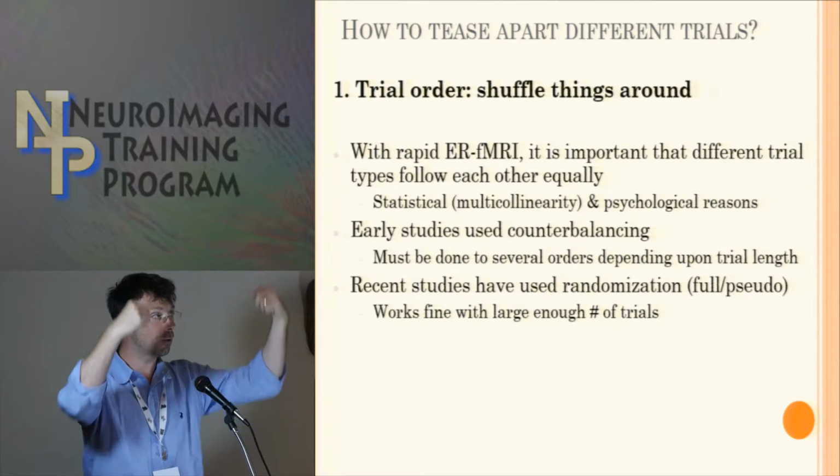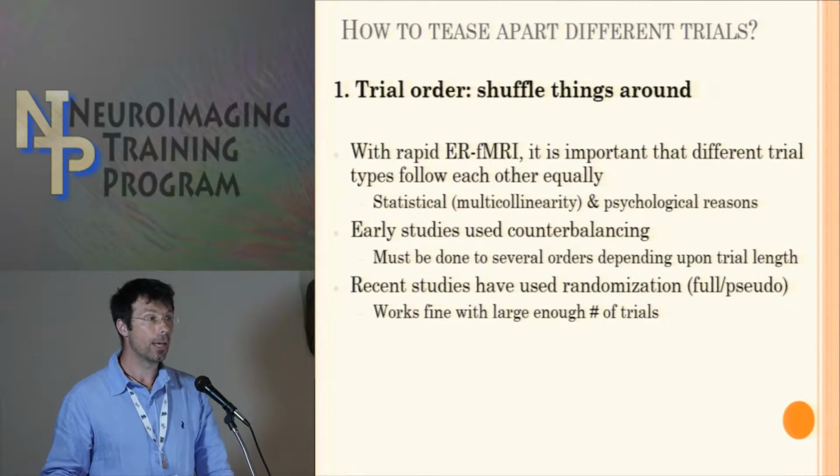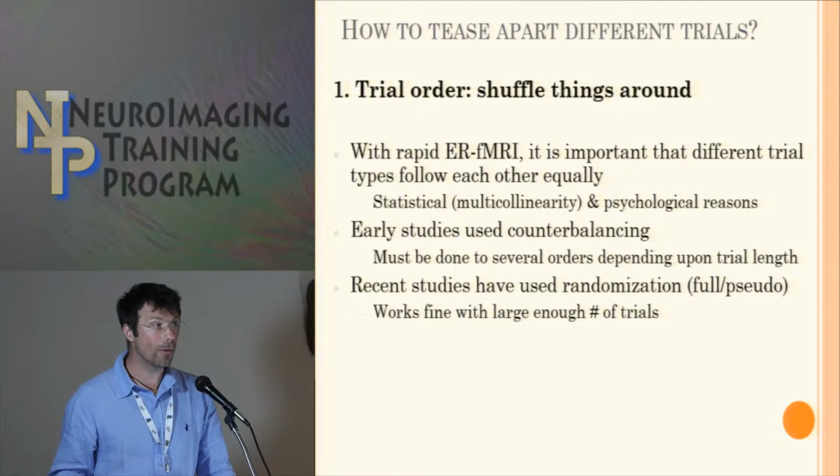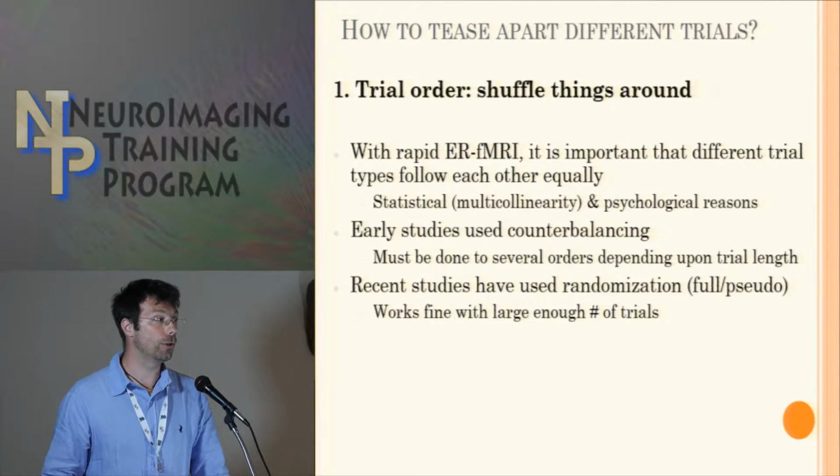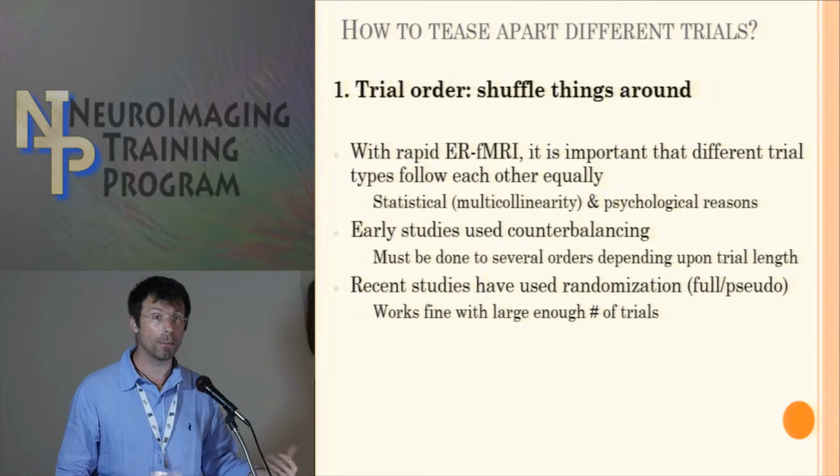My suggestion would be to create multiple pseudo randomizations. For example, you might want to create 4 different pseudo randomizations, and then have some subjects do the first 4 this way, and other subjects do the same 4 randomizations but backwards, starting from the last trial to the first one.